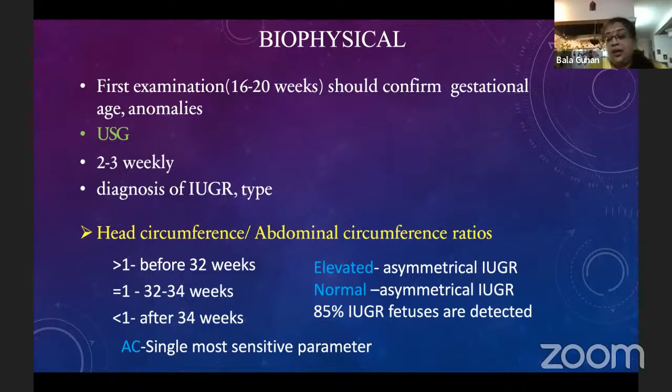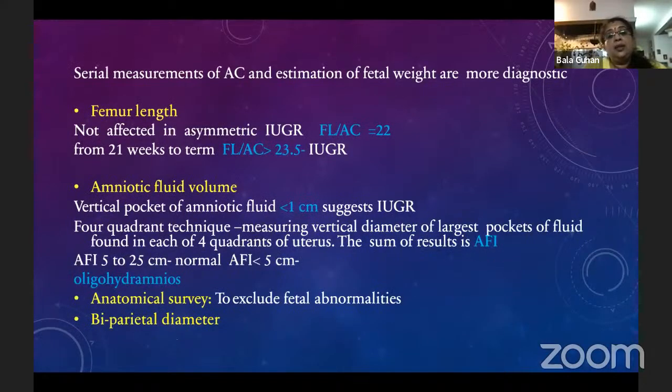and AC is the single most sensitive parameter here. Serial measurement of AC and estimation of fetal weight are more diagnostic. Femur length is not affected in asymmetric IUGR because the growth restriction occurs later, after 32 weeks.